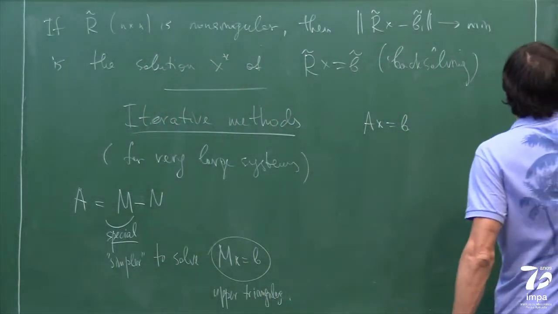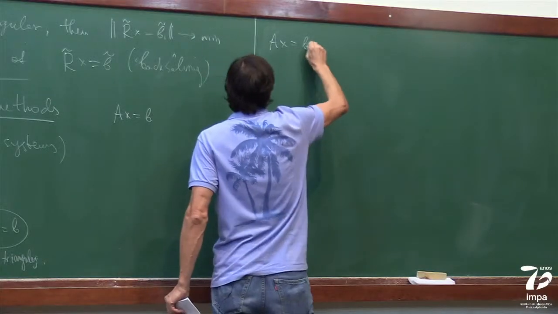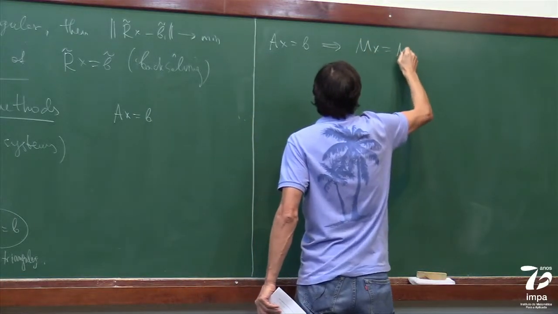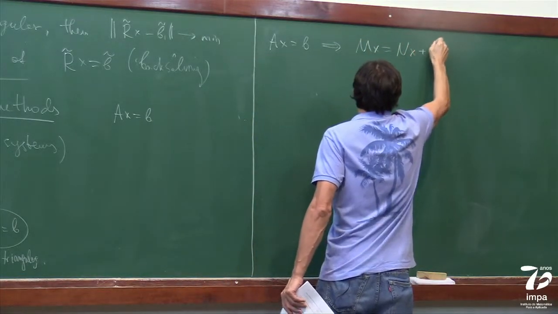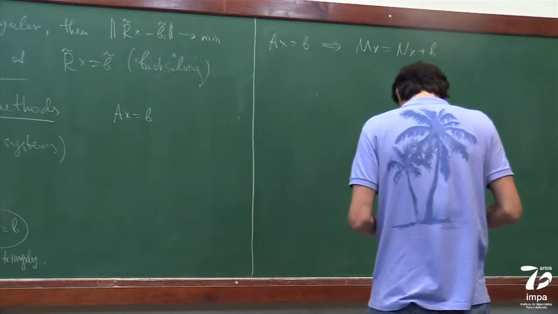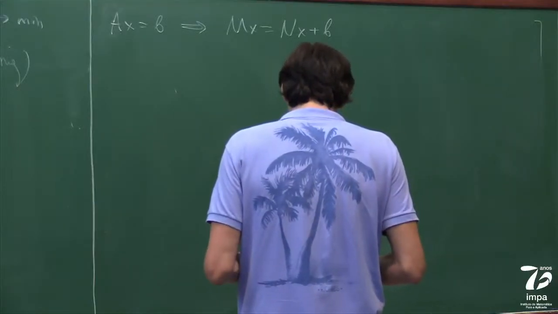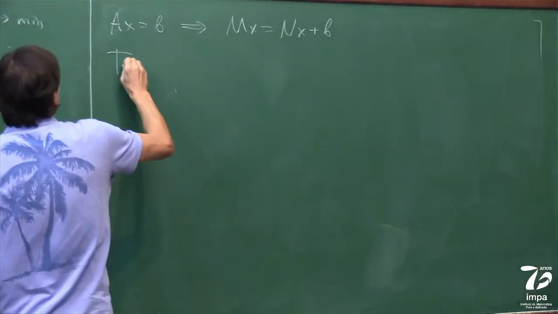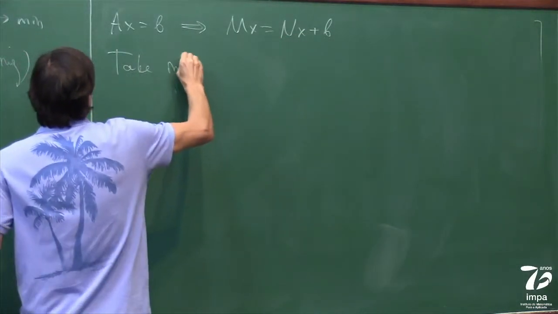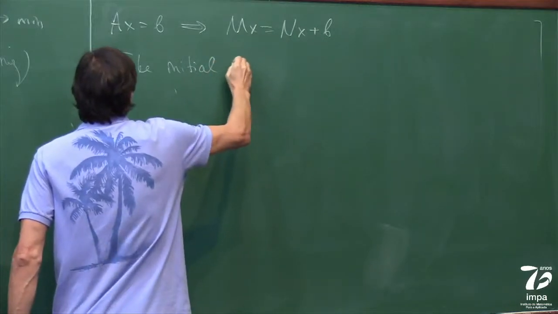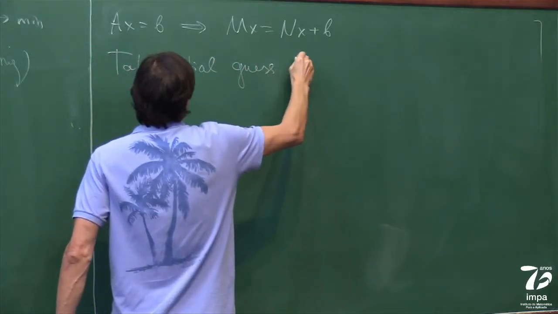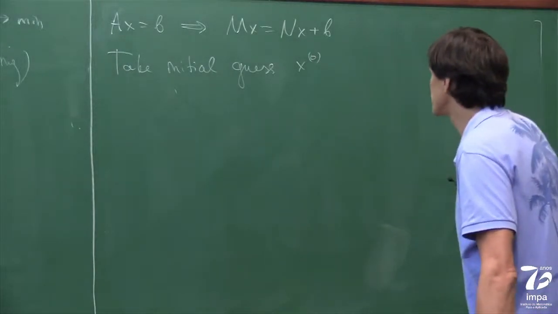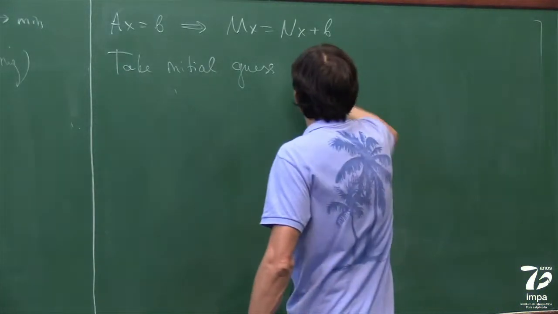Then the system that we get can be written as Mx equal minus Nx plus b. So iteration means that we take an initial guess, or just some initial vector, as the zeroth approximation of the solution.